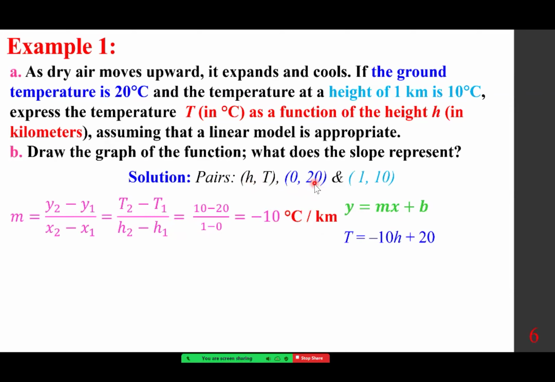So I want you to compare and contrast and be able to come up with your own equation. However, we are using different variables. So I'm going to put the parentheses x comma y on top of h and t, which makes it easier to follow all of these formulas.